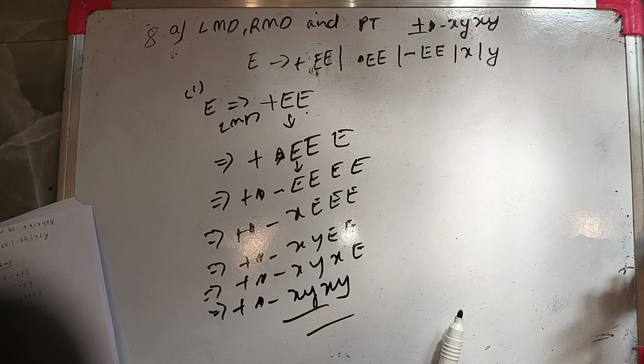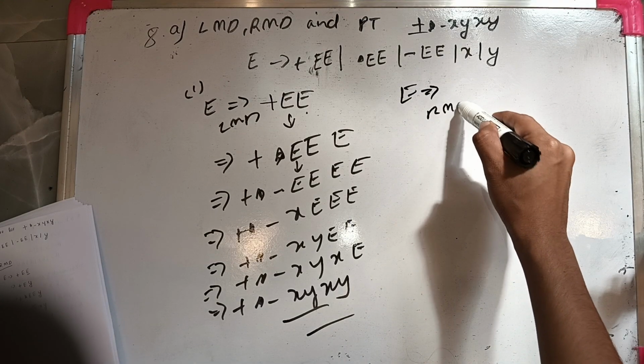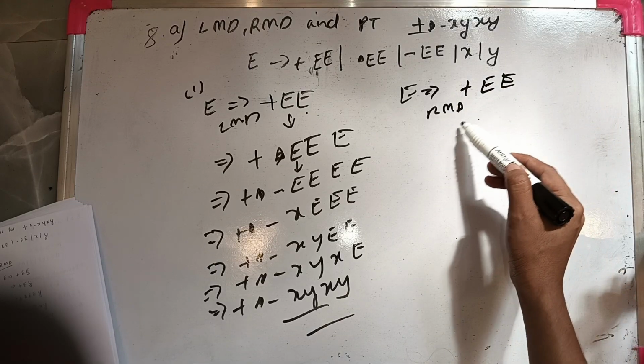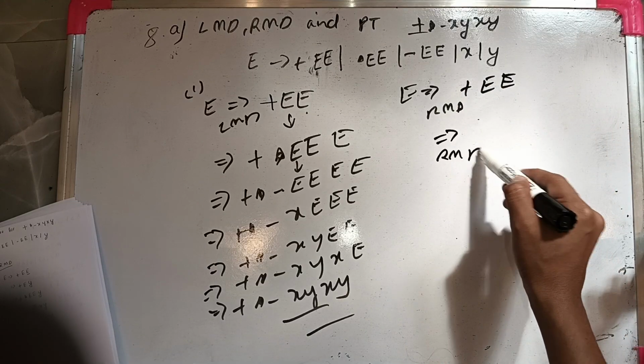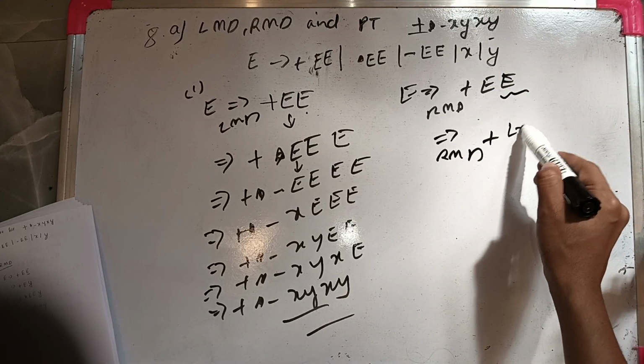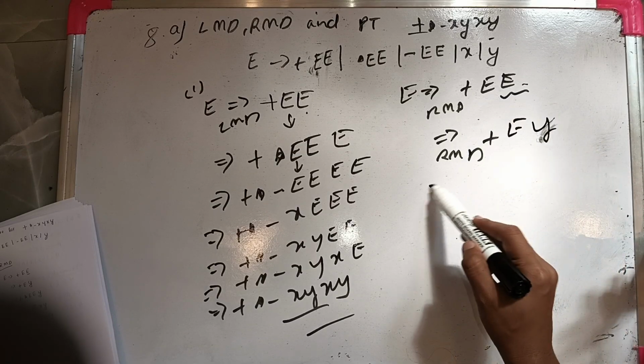Okay. Next for RMD, same step. RMD plus EE. Next, plus. In the last, what we require? Y, right? Plus E. In the place of E I am substituting Y plus.